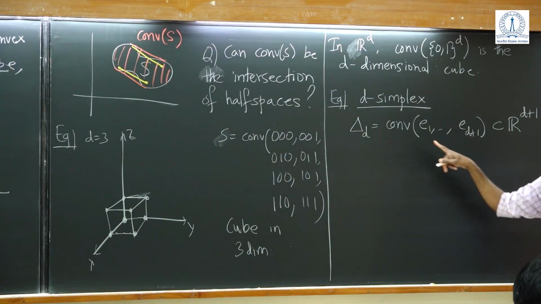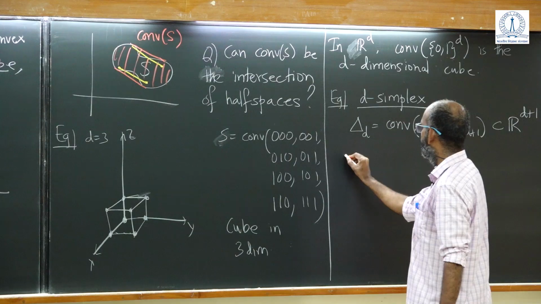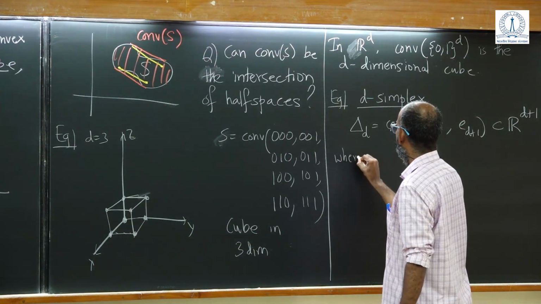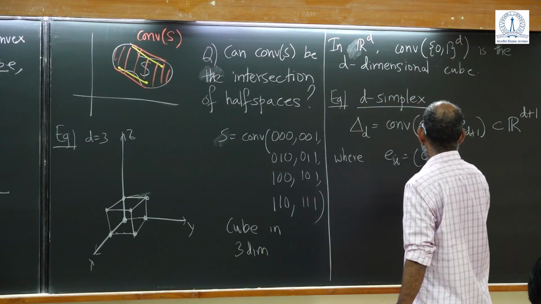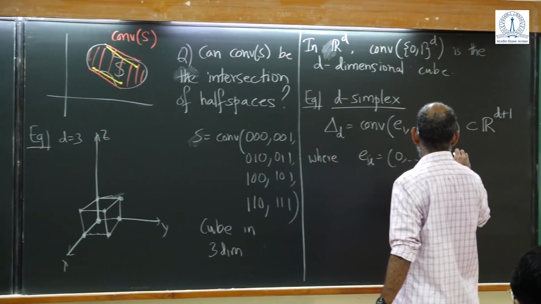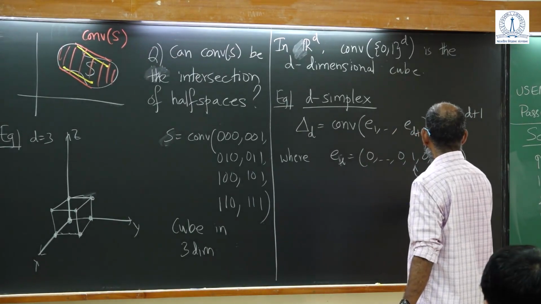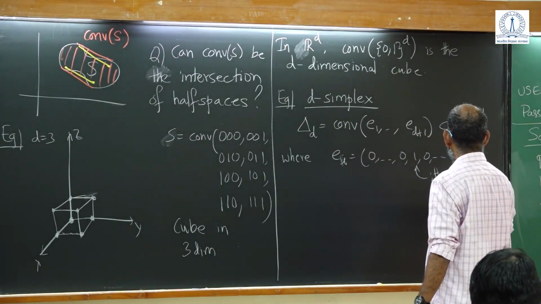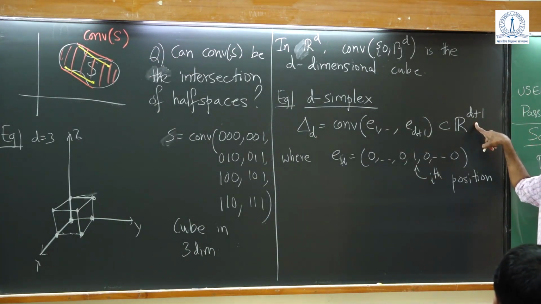Okay, so everybody knows what Ei is? Yeah, where Ei is the unit vector with 1 in the ith position. And this is in R^(d+1).